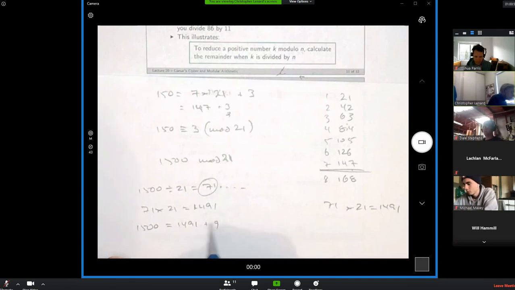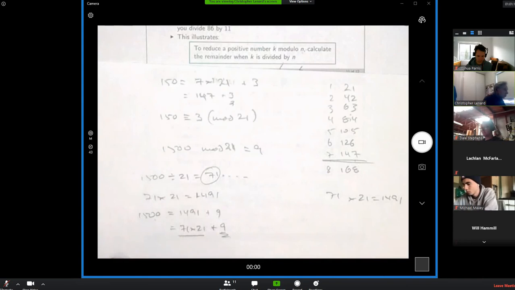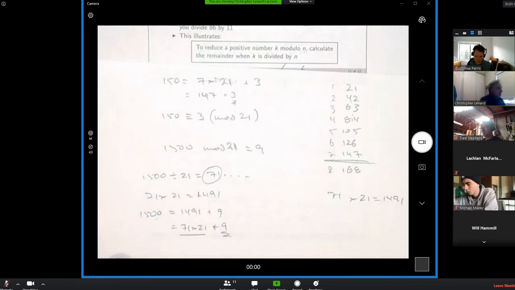What do I have to add to 1491 to get there? That's 71 lots of 21 plus 9. So here's our multiple of 21. Here's our remainder. So up here, we've reduced 1,500 to 9. And that's a whole lot easier than going through that.